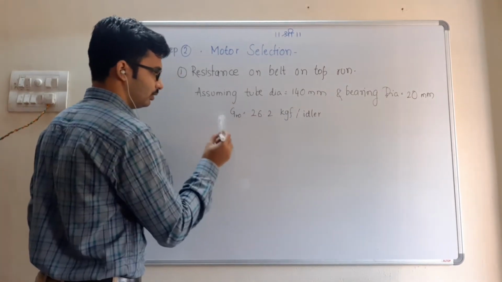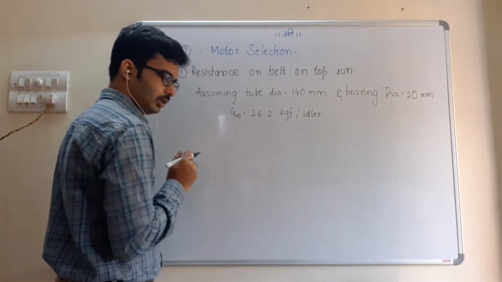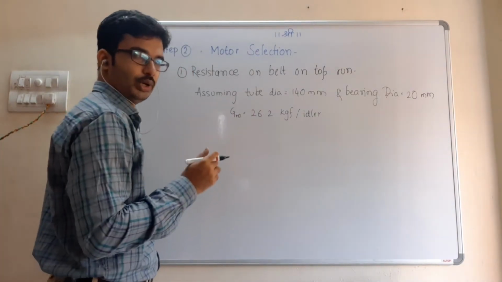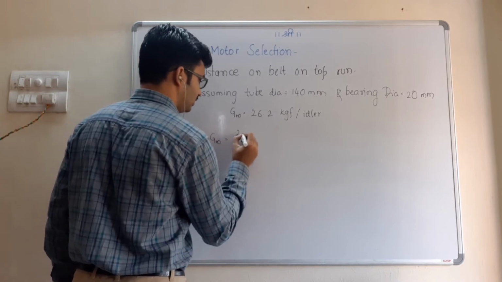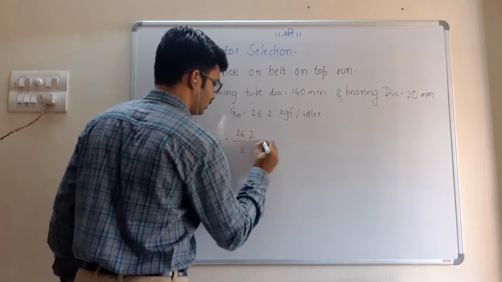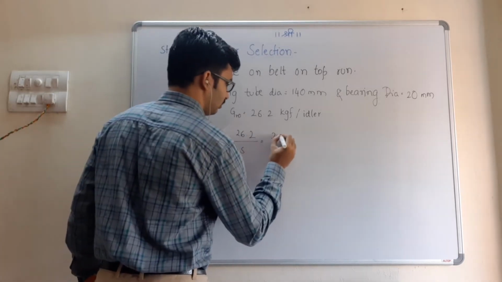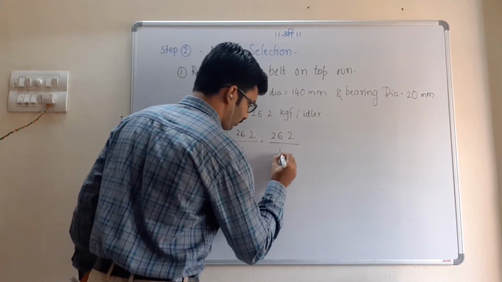So GRO divided by S value, that is spacing between the two idlers. GRO is equal to 26.2 divided by S, that is nothing but 26.2 divided by 1.5.